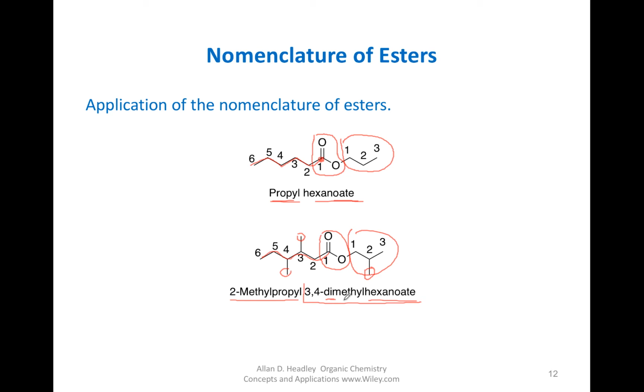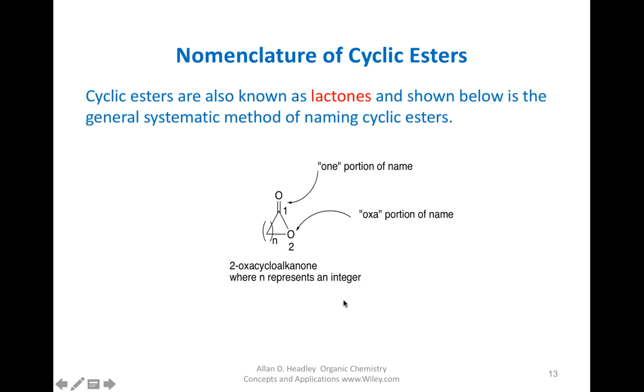Okay, so once again, you need to practice naming this, but you first have to recognize the functional group, the structure, and the groups that are bonded to it, and name it accordingly.